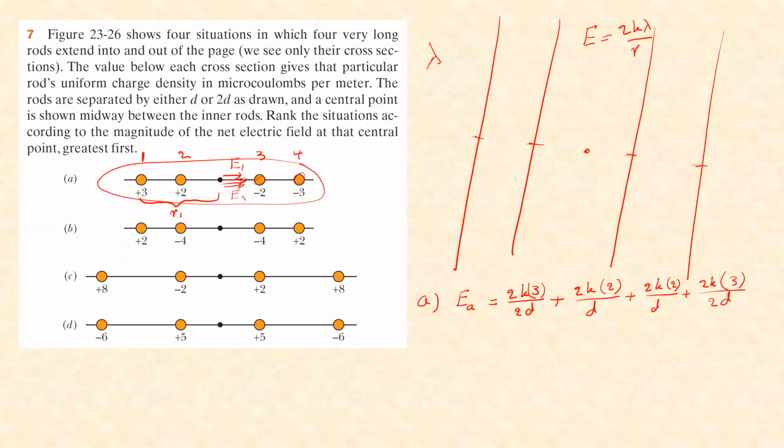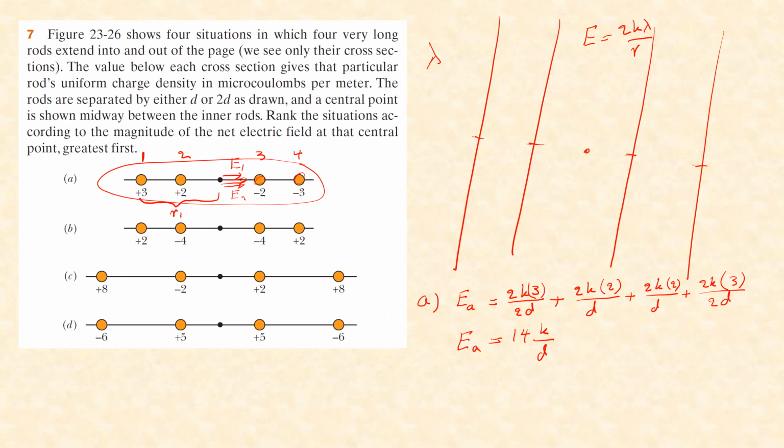So this becomes 3k over D, 4k over D, 4k over D, and 3k over D. The total is 3 and 3, and 4 and 4, 6 and 8, 14 k over D. So this is part A.